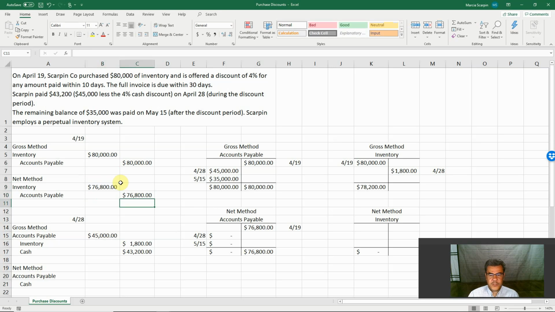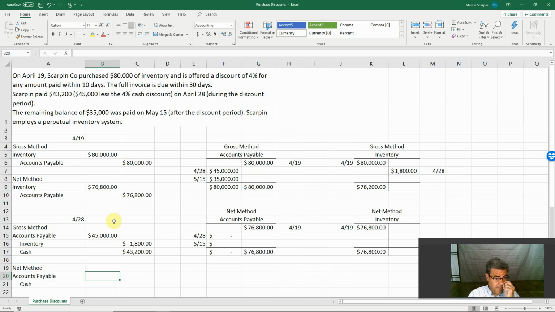So the inventory here will be 76.8 on April 19th, and then accounts payable. So we have no three accounts in our journal entry, only two. We are debiting accounts payable 43.2 and crediting cash 43.2.